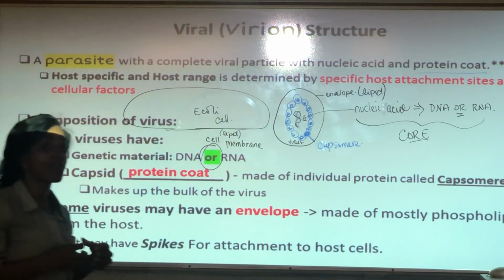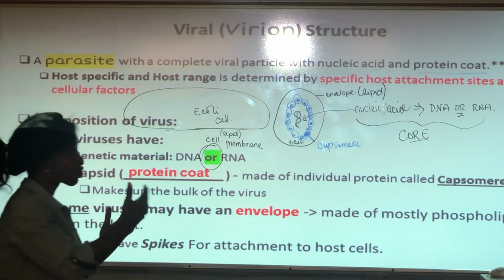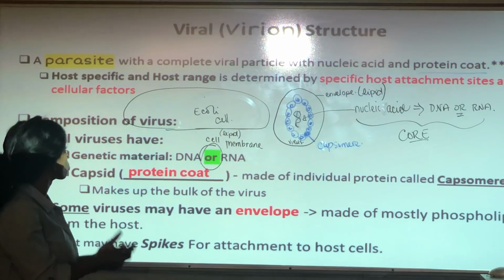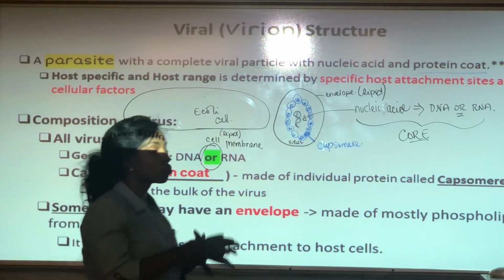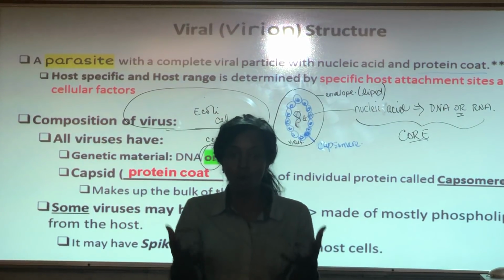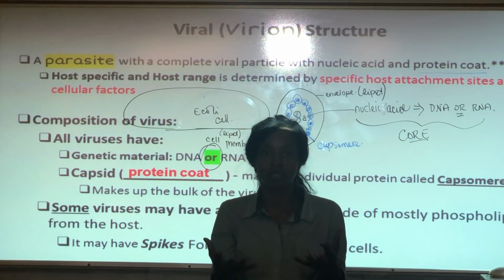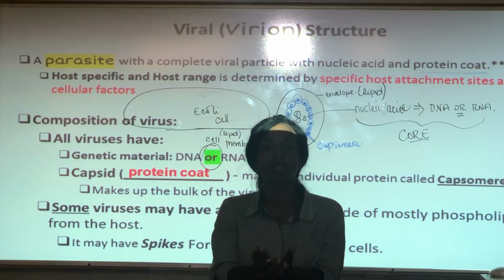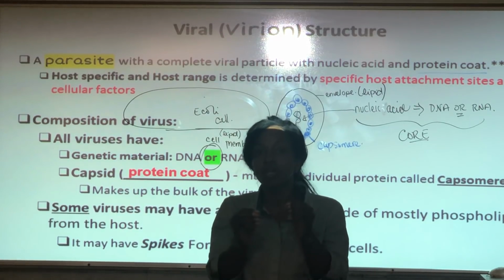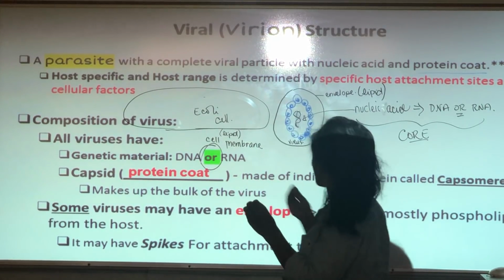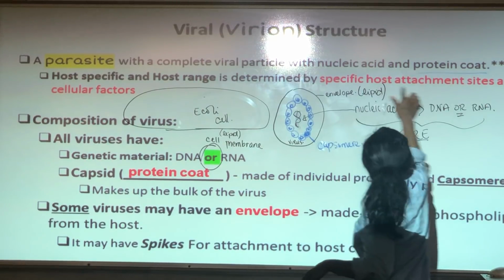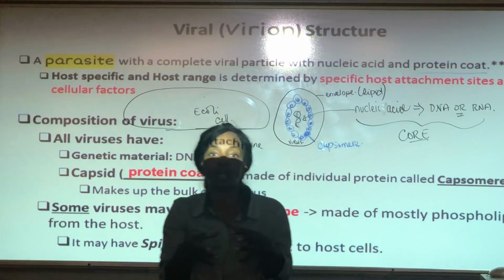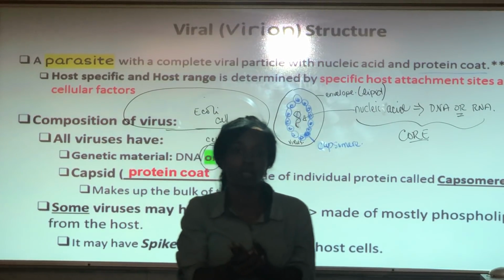So many viruses are specific for a certain host. It has to be a certain organism. And range-specific usually means that within that host, there are many different cells. When the virus enters, it cannot interact with all cells in that host, but it can only attach to specific host attachment sites and cellular factors. It can only attach to and recognize certain cells within that organism.